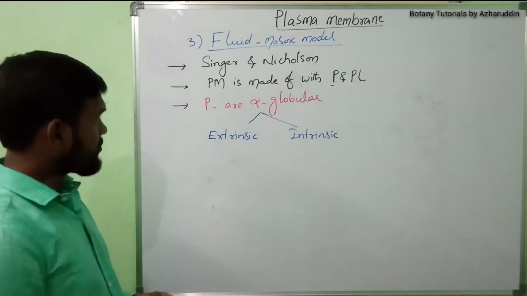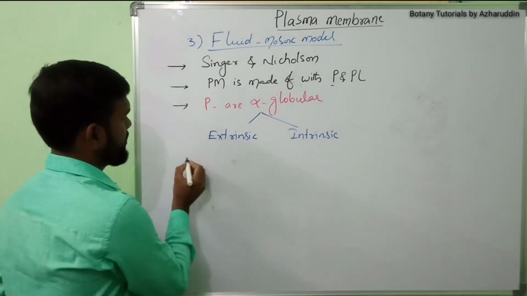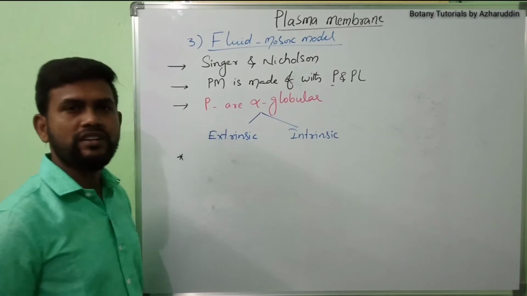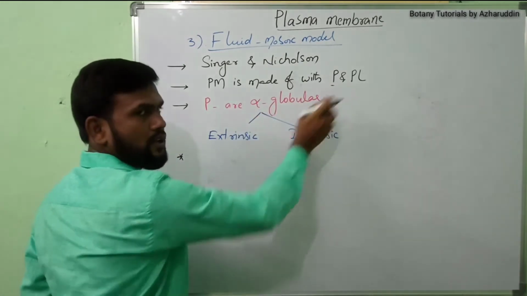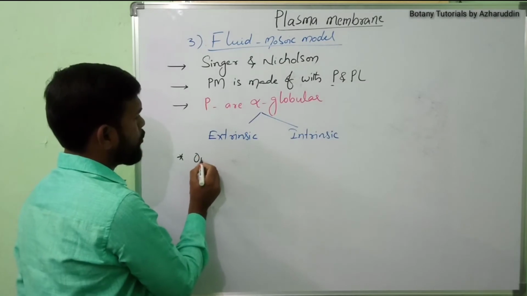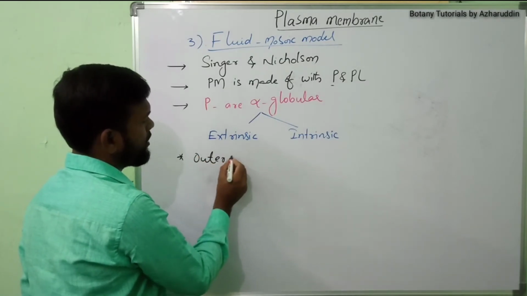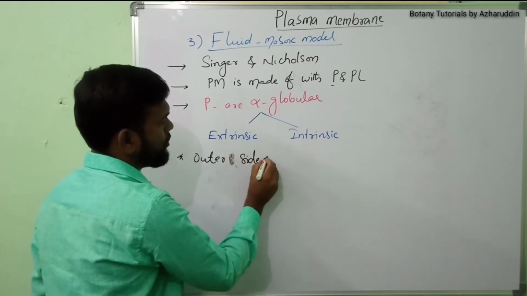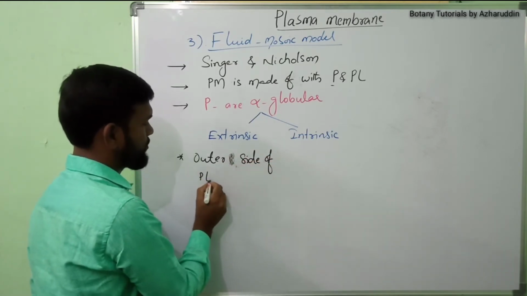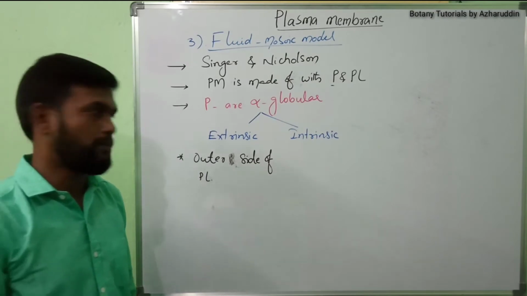Coming to extrinsic proteins. Extrinsic proteins are on the outer side of phospholipids.